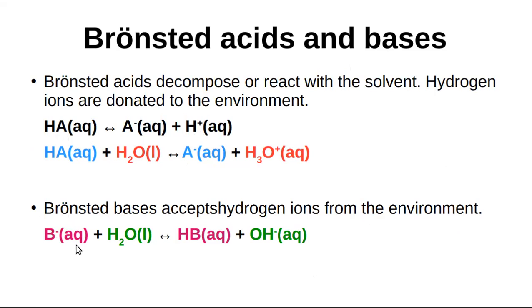There is not a simple short representation as with the acids, and I think we need to include the water: the base accepts a hydrogen and forms the corresponding conjugate acid, and the rest of the water is left as a hydroxide ion.